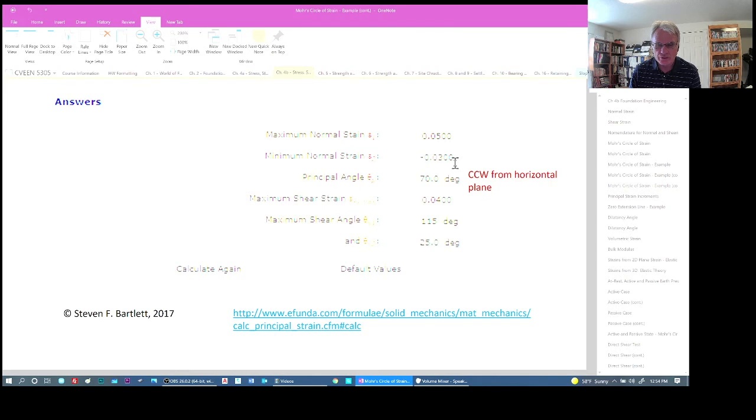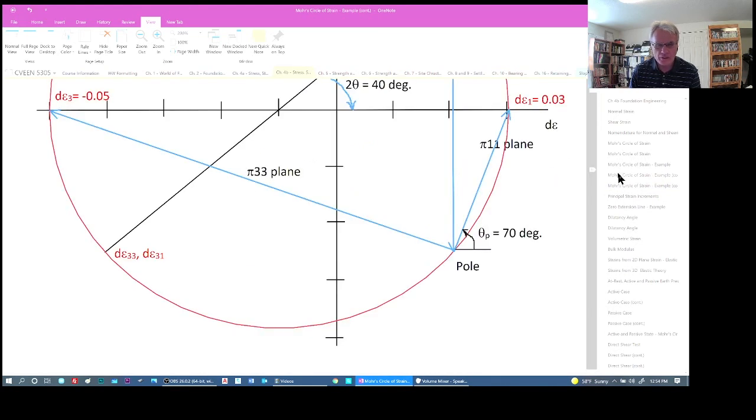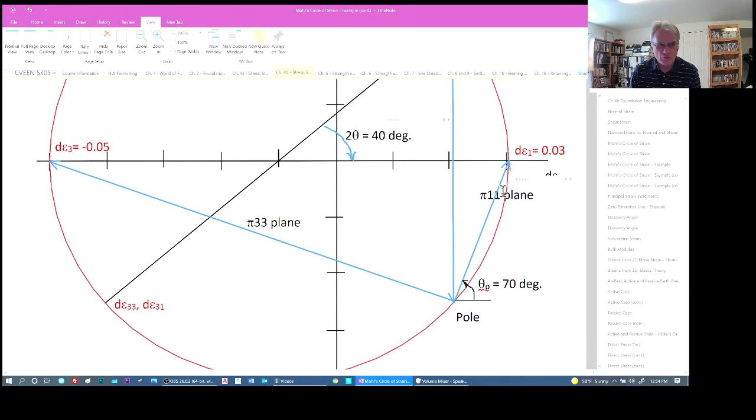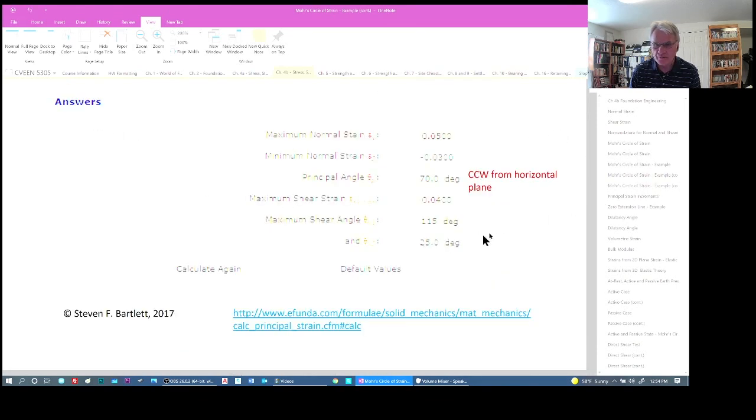This gives me the solutions saying that the maximum normal strain is 0.05 and the minor is 0.03, which is what we got from the circle, other than we have to reverse the signs here because of our notation of this being positive and this being negative. Okay, so that is a simple example of using the Mohr circles of strain.